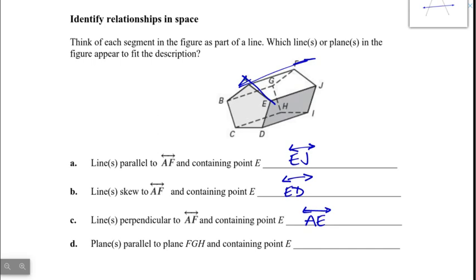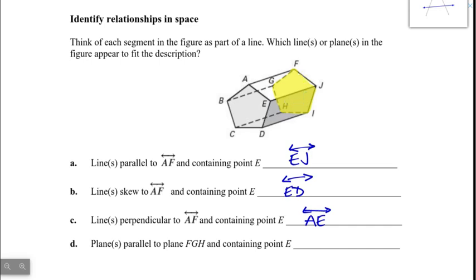And lastly, D, we want planes that are parallel to plane FGH and contain point E. So if I look at FGH, what we're talking about is this back plane here, this pentagon that's in the back of our figure.